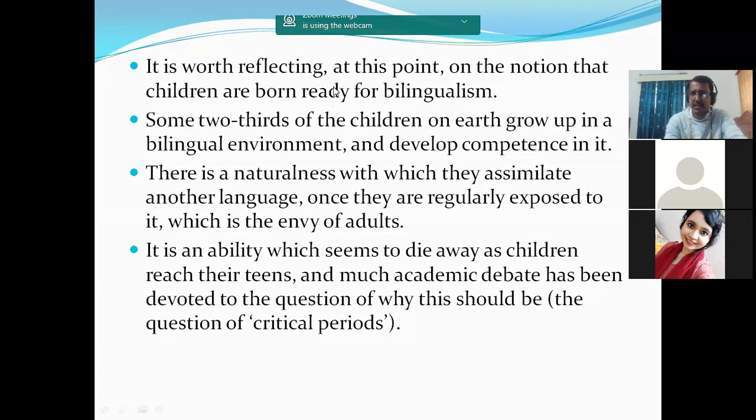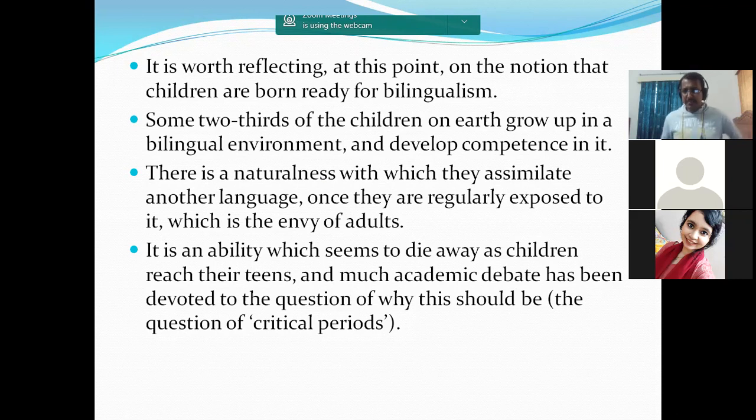Another point is that children are ready to be bilingual. The second point is that some 2/3 of the world's children are born in a bilingual environment. It may be Bangla and English, it may be Hindi, French, it may be Marathi, Gujarati, Sanskrit and Urdu, like that. So 2/3 of the world's children are born in a bilingual atmosphere.